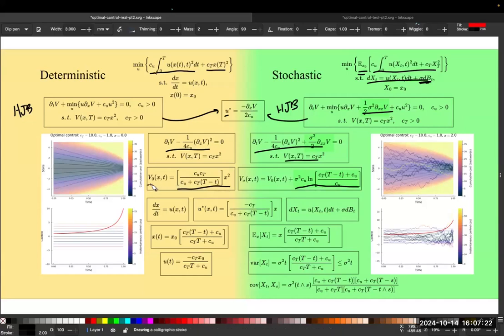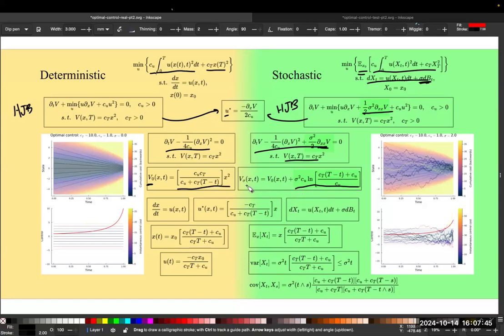That's what we call this v, we call it cost to go. We added this temporal function to our cost to go in order to get rid of this second derivative in our stochastic case.